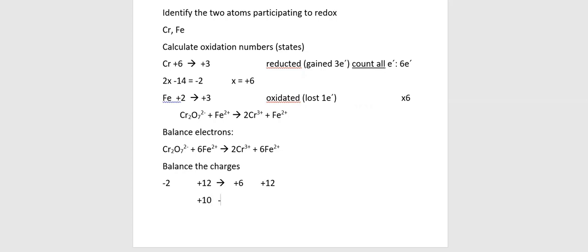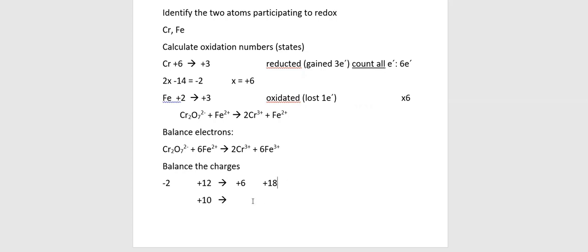On the other side of the arrow, plus 6. Oh, sorry, it was 3 plus on the other side. I'm sorry. So that's plus 18, because 6 times 3 plus gives me plus 18.